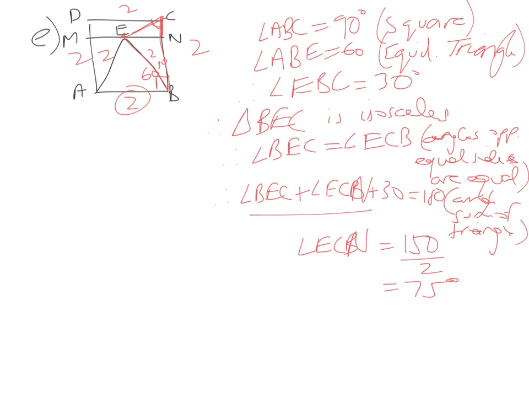Okay, now part 2, hence show that tan 75 is 2 plus root 3. So we know now that that is 75. Now, I think we can pretty much assume that that has to be 1, because it's halfway between, that's the midpoint, and it's 2.